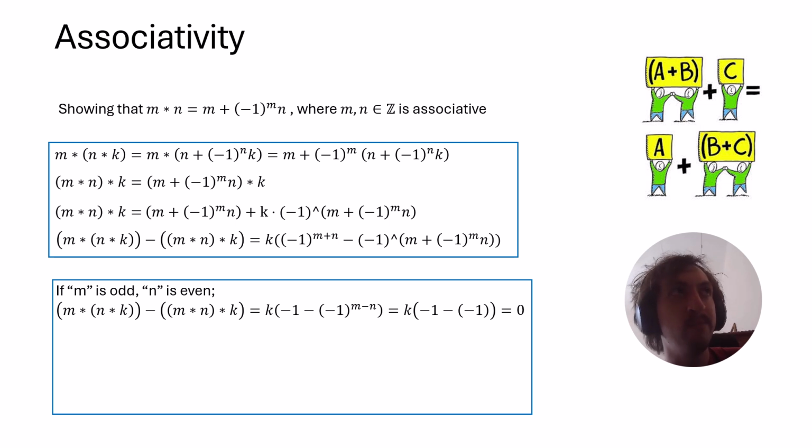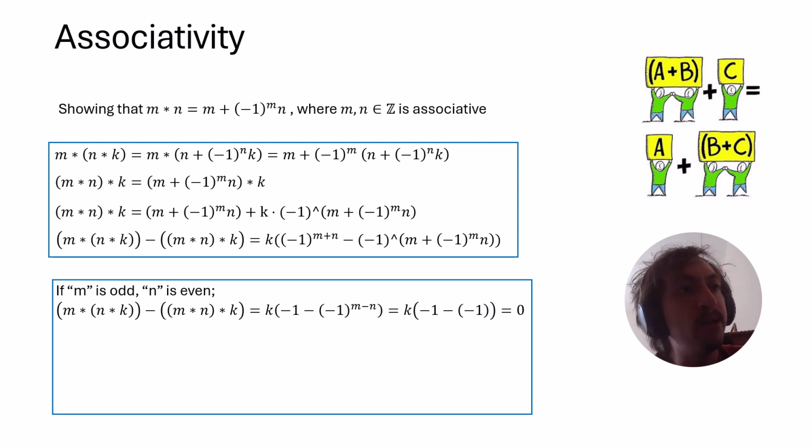However, in terms of showing that star is associative, that negativeness doesn't really matter, so it's just easier to work with the magnitude of m and n, since magnitudes are both positive.